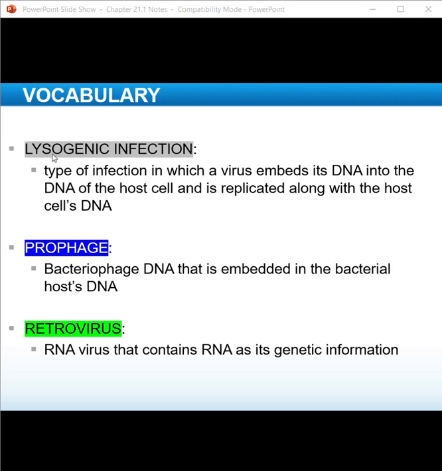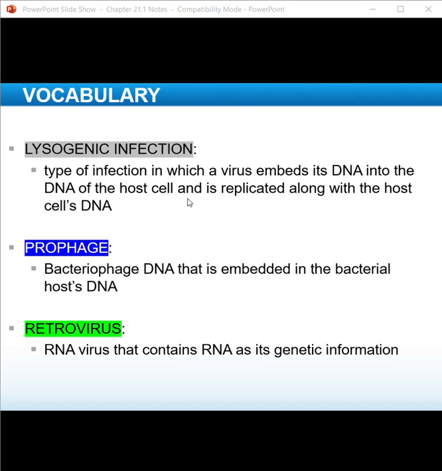So this is the type of infection in which a virus embeds itself, meaning it inserts itself. It becomes a part of the DNA. So the virus embeds its own DNA into the DNA of the host cell and is replicated along with the host cell's DNA.